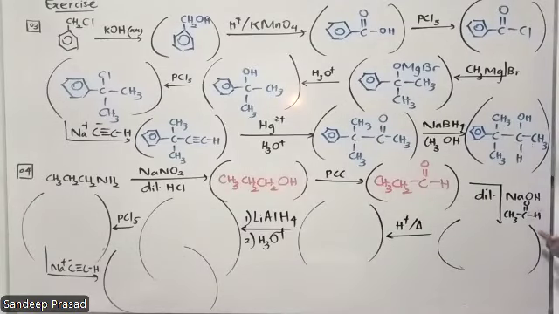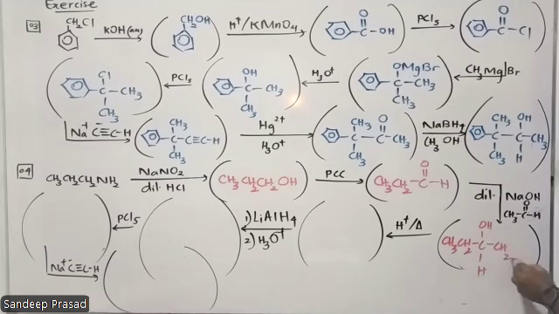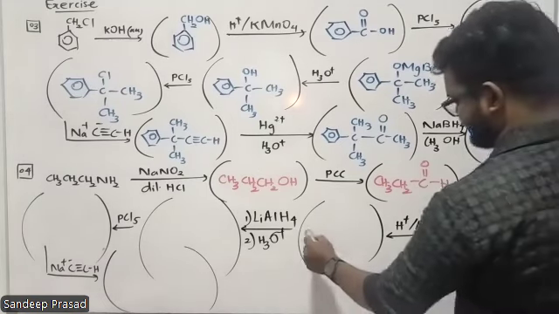Aldol condensation. Propanol and what is it? Ethanol. So I can say that CH3, CH2, CHO, CH3, CH2 double bond H. H plus heat.